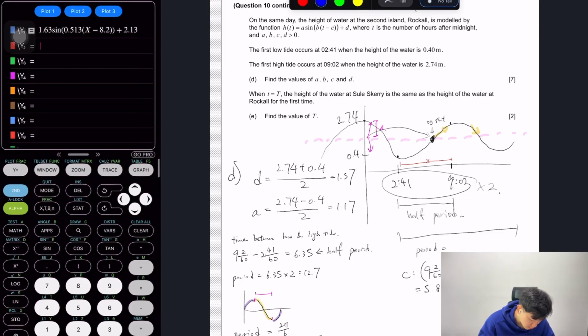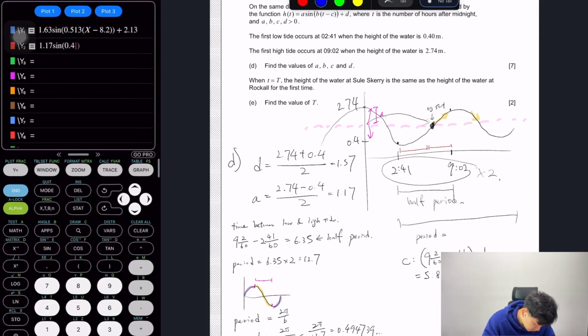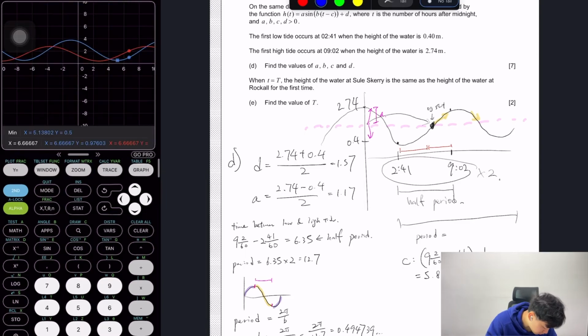The second graph is 1.17 times the sine of B, where B is 0.494739, times our X, shifted to the right by 5.85833, close bracket, and then outside we plus 1.57. Okay, so graph it out.